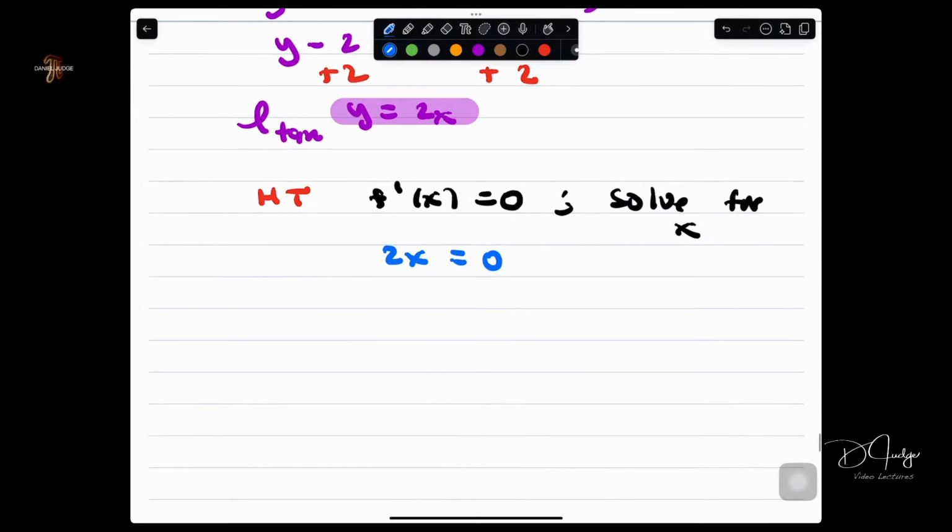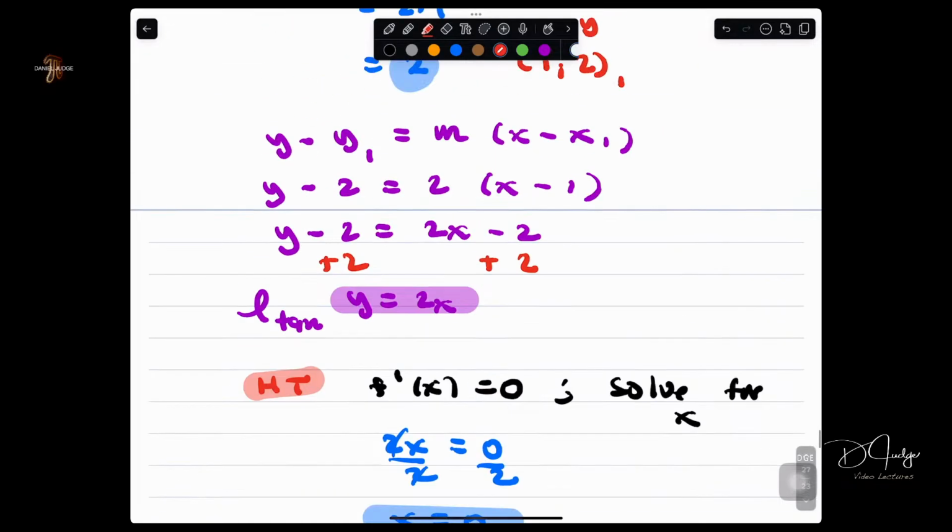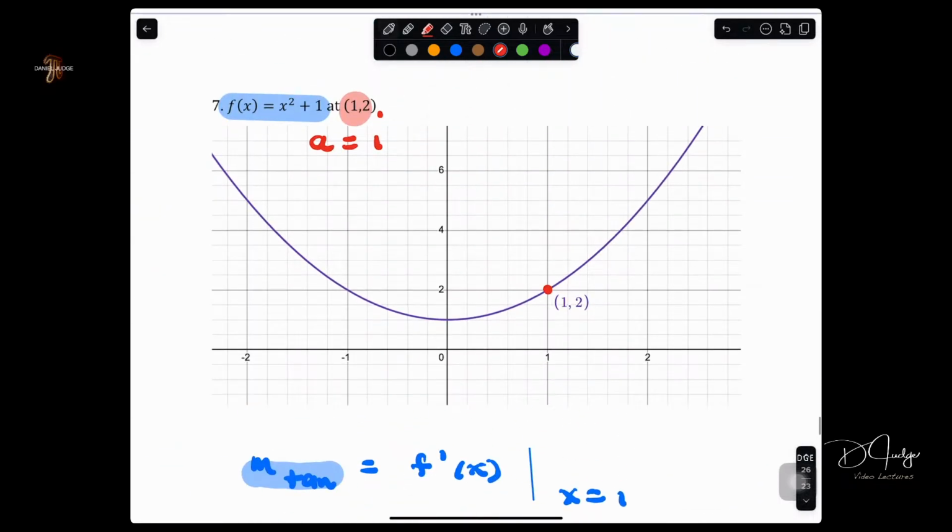I can solve for x, dividing both sides by 2. Now we get x is 0. Here's your horizontal tangent. That's the location of a horizontal tangent. That happens when x is 0. So we're talking about when x is 0 over here now. And I guess we'll still use red.